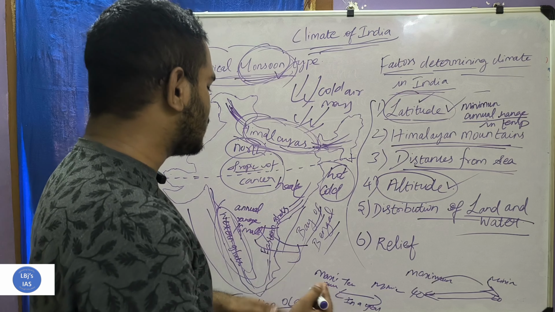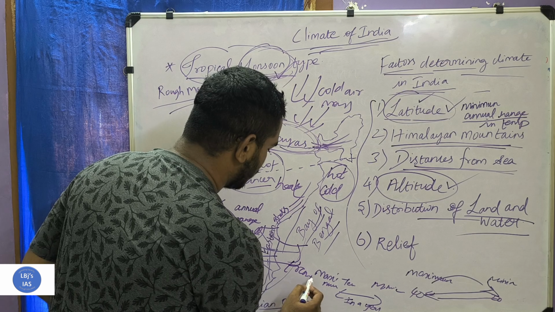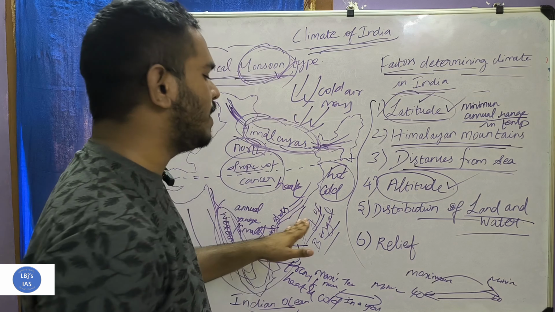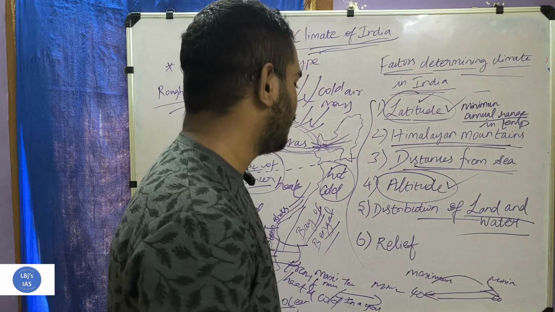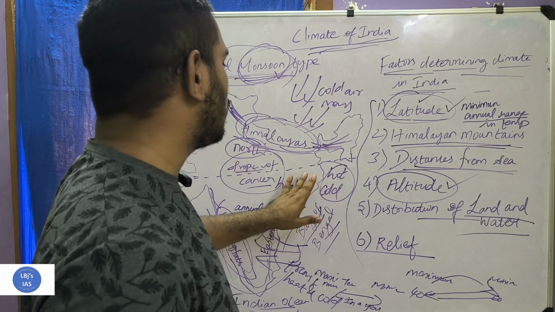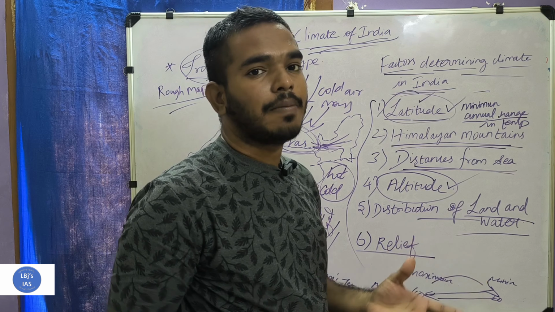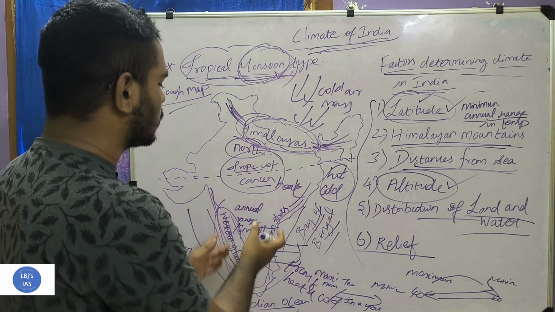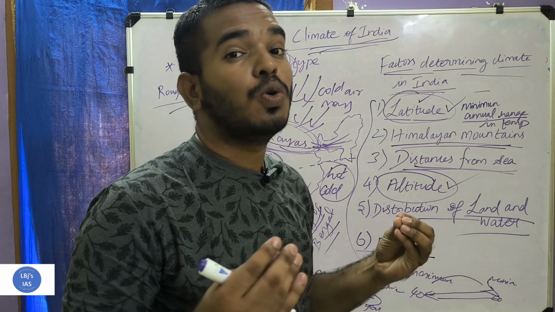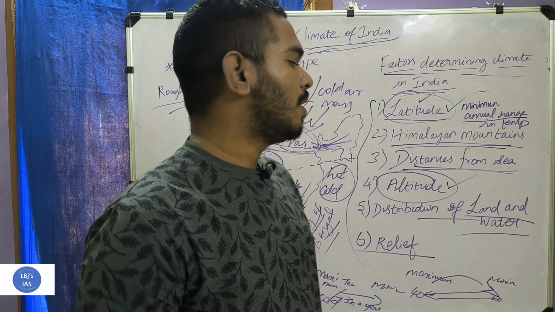So there will be a transfer of heat and cold between the land and the water. That is why the region away from the sea has a very high temperature extremity, and the region closest to the sea does not face climatic extremity. There will be no extreme climate condition, but a moderate climate.